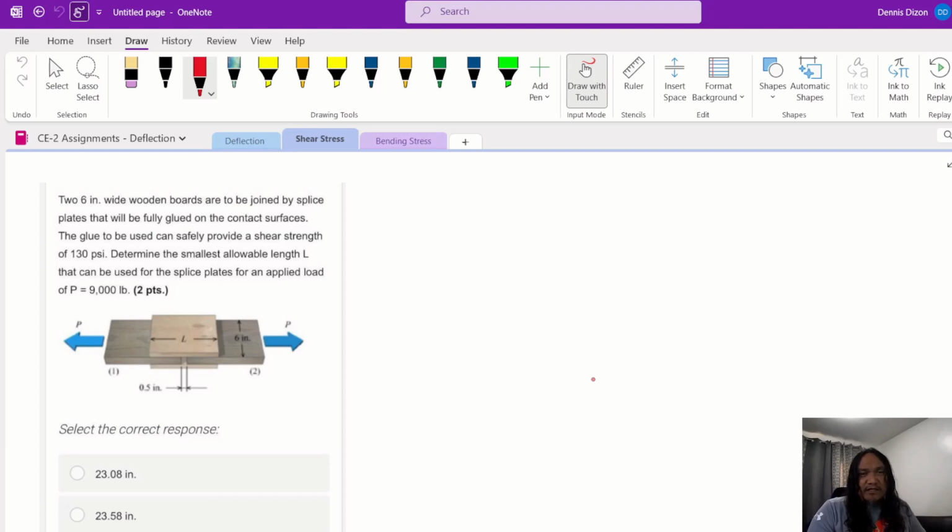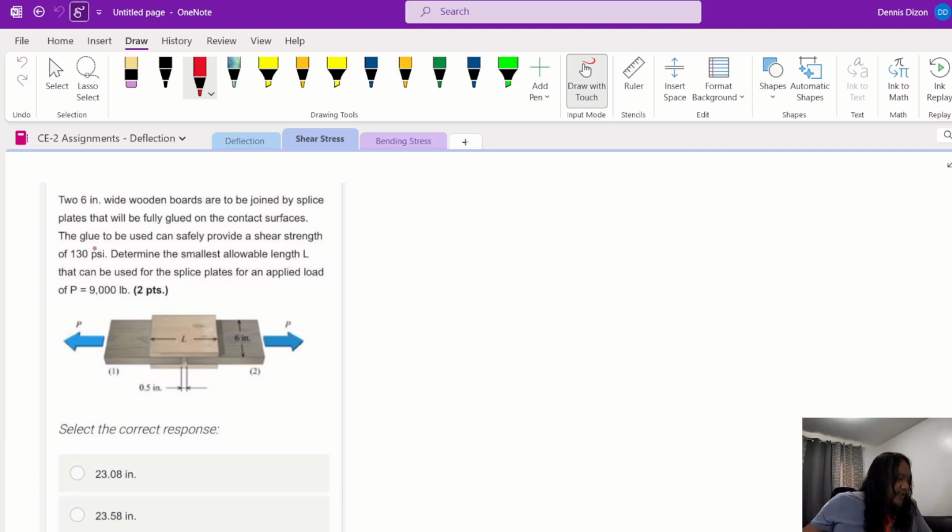You have either a steel gusset, or a plywood gusset, or a dimension lumber gusset, whatever is available. Another possible solution is using glue. And this problem is like that: you have a glued connection for splicing a member. So if your available member is shorter than what is required, then all you have to do is splicing.